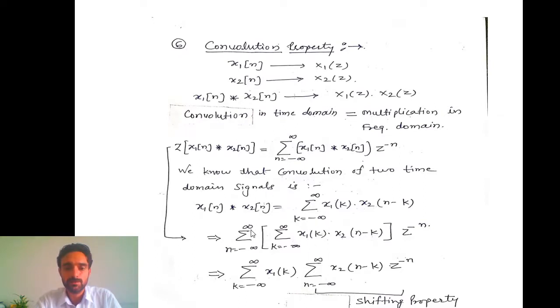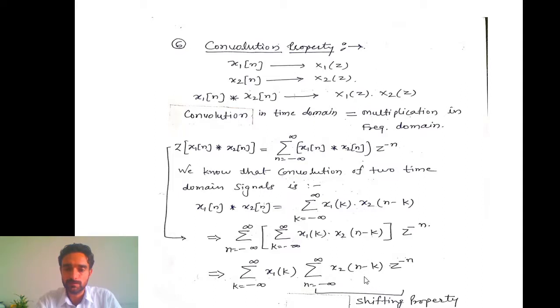The same summation is here, with z to the power minus n. Take this x1 of k outside the particular summation, leaving the summation over n from minus infinity to infinity of x2 of n minus k z to the power minus n. This is a shifting property.